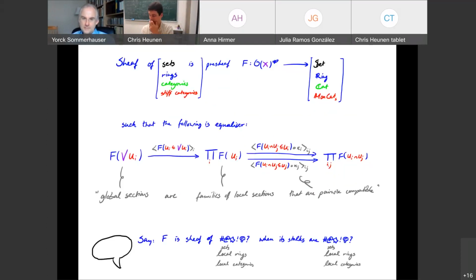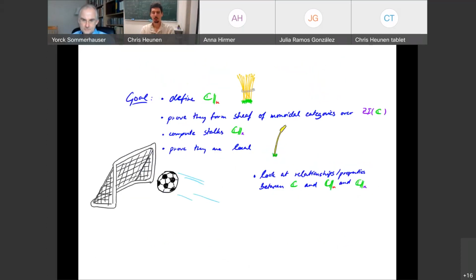I think I have it. So our goal is going to be: you give me a monoidal category C with universal joins. I'm going to define the small versions of the local sections, if you like. They have to be monoidal categories again.